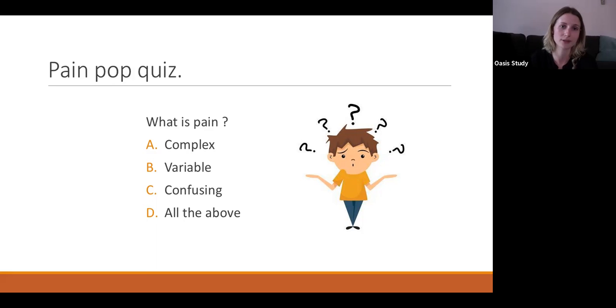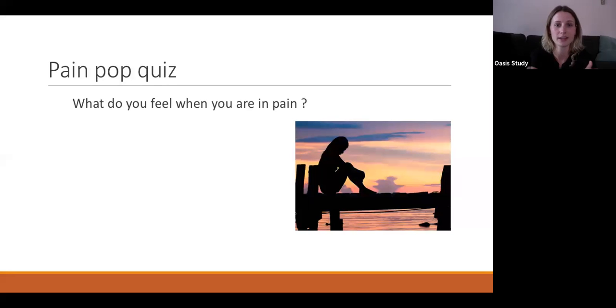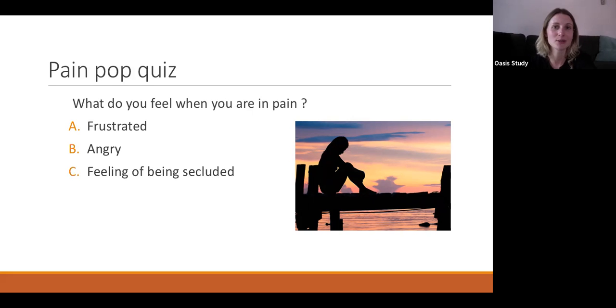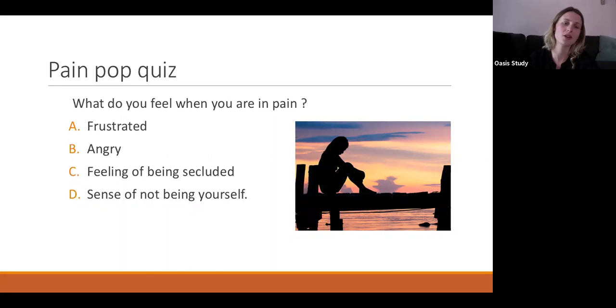So it is normal to think like that. And how do you feel when you are in pain? You can be frustrated, angry, feeling secluded or lonely, with a sense of not being yourself. These are common amongst many individuals that experience pain, but hopefully after this talk, we can change some of these feelings.